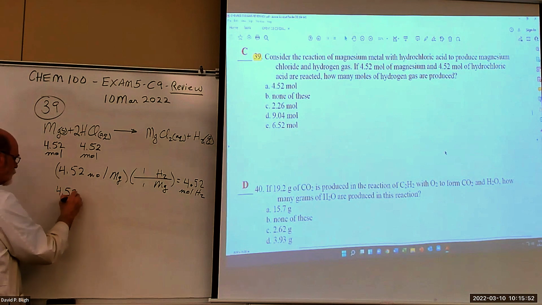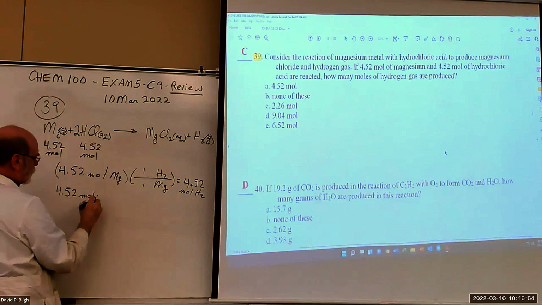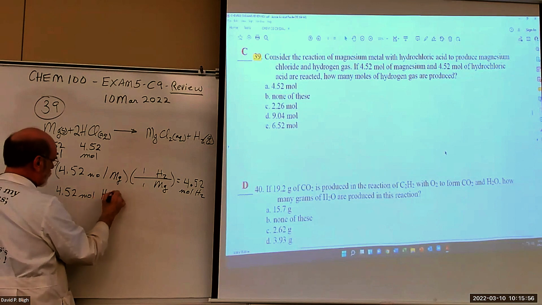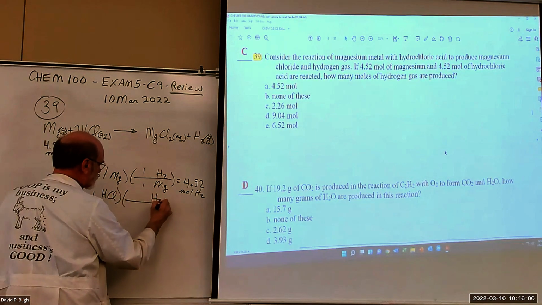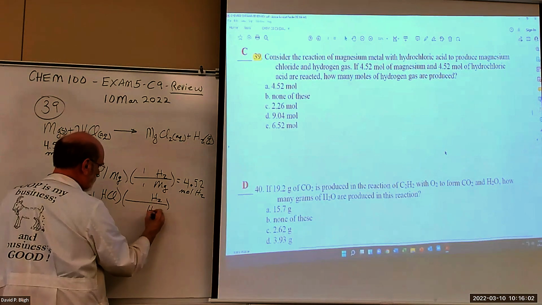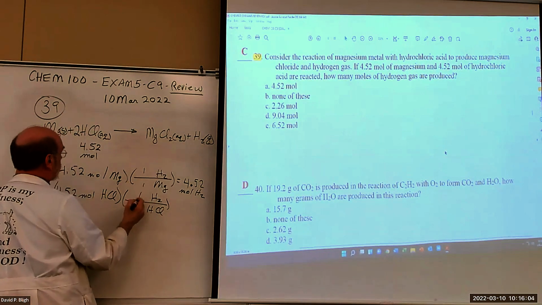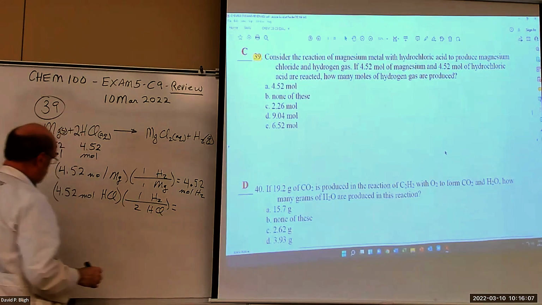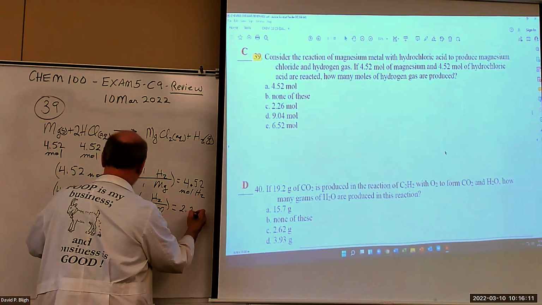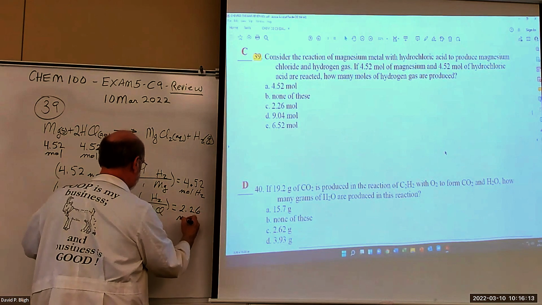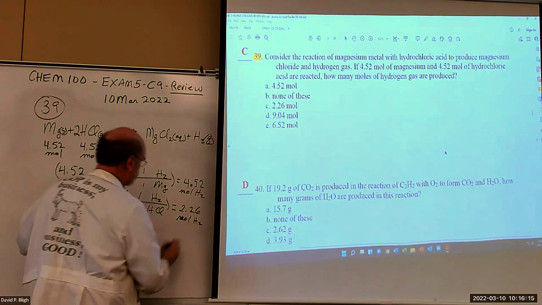Whereas 4.52 moles of hydrochloric acid converted to hydrogen gas is a ratio of 1 to 2. So that would be, let's see, 2.26 moles of hydrogen.